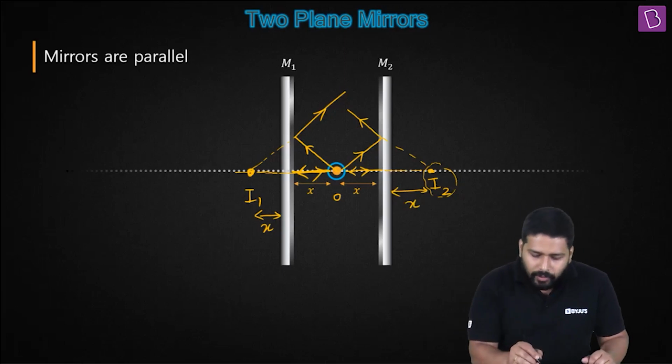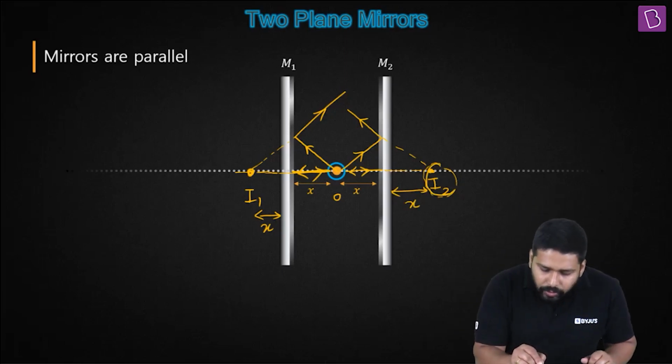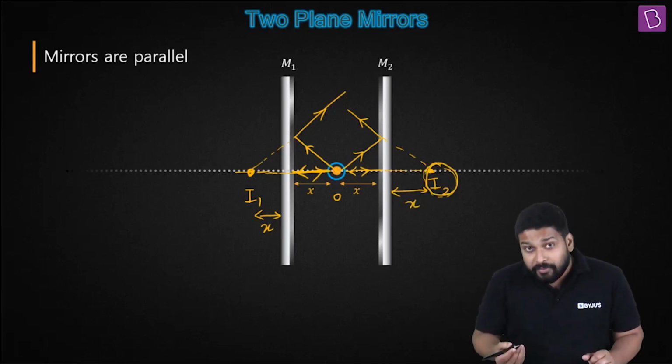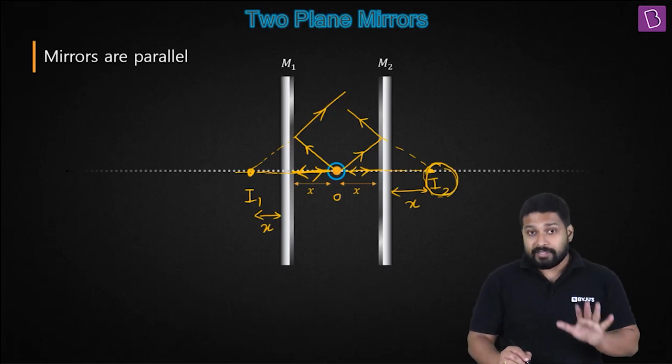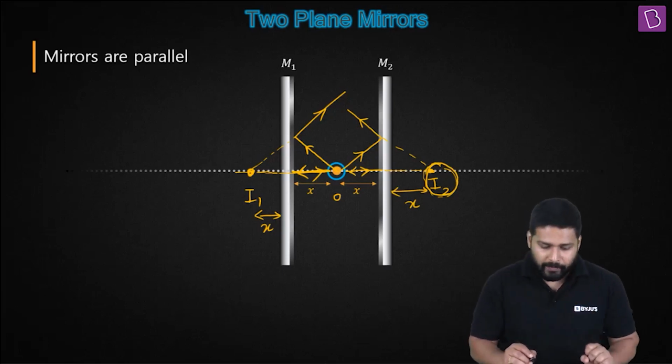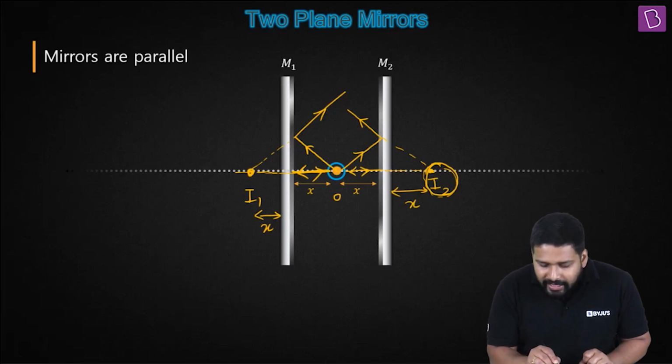Now this I2 will behave as an object for mirror number 1. So how far is this I2 away from it? This is at a distance of 3x, correct?